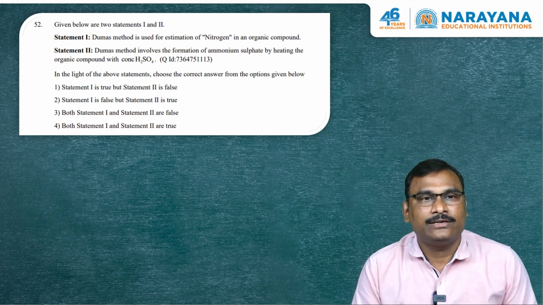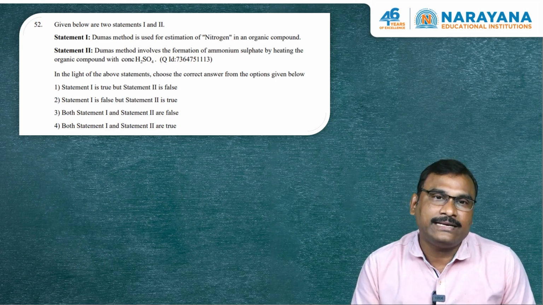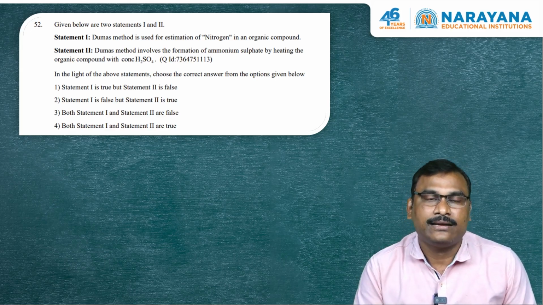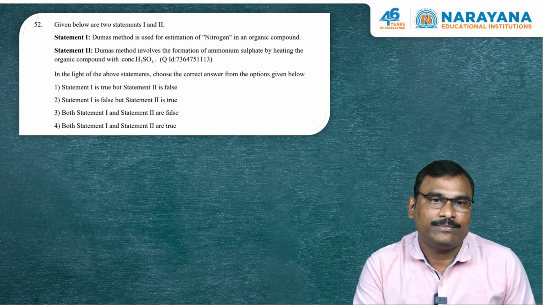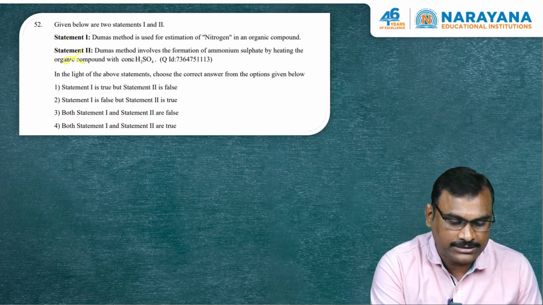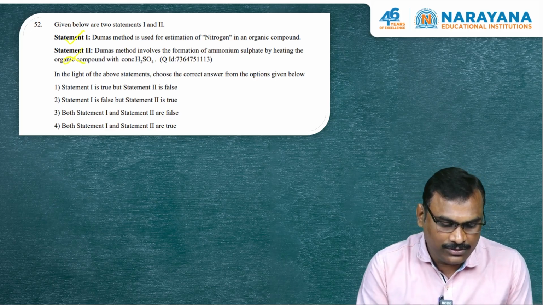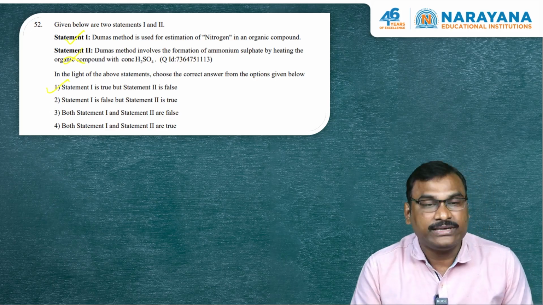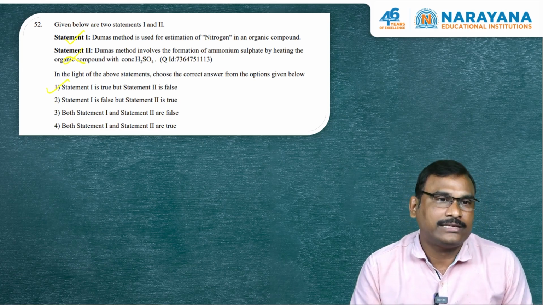No, students, in Dumas method, the nitrogen present in the organic compound is converted into what? Molecular nitrogen, but he said ammonium sulfate. So, statement 2 should be false and statement 1 only is correct. So, the option is 1. Statement 1 is true, statement 2 is false. Next, let us go for the next question, students.